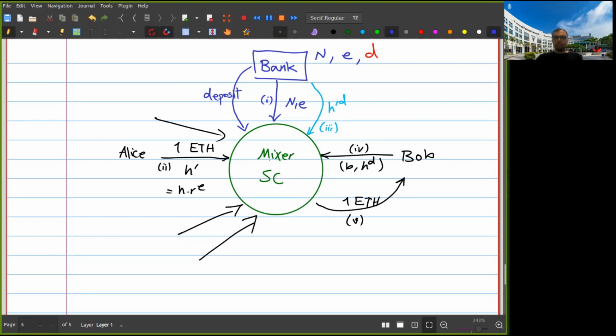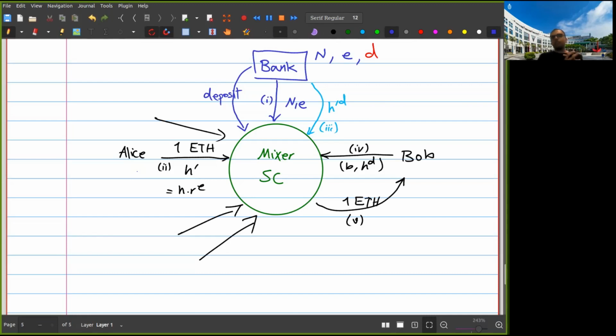So the mixer will just burn the bank's deposit or maybe pay it to other people. And then instead of paying all this money to the Bobs, it will pay it back to the Alices. So it will just refund everyone. It will say that the mixing failed because the bank was dishonest and issued too many signatures.